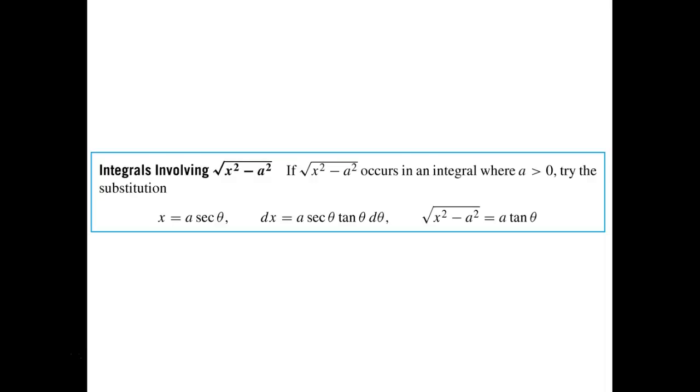Then you subtract the a squared, you get a squared secant squared theta minus a squared. Factor out a squared, you get a squared times secant squared minus 1. Secant squared minus 1 is tangent squared, and then the square root of that is a tangent theta.